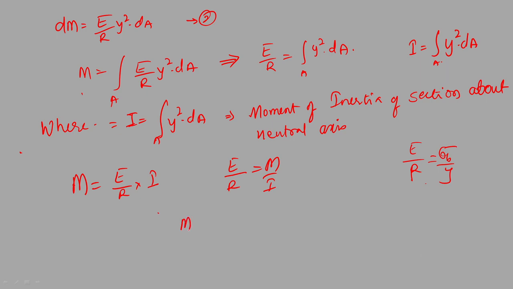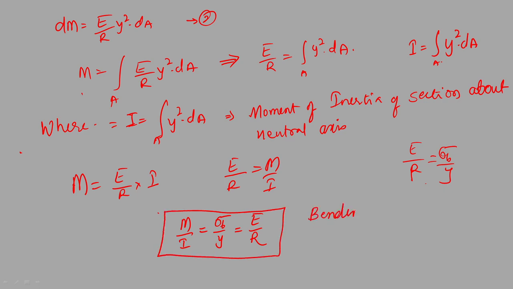M by I equal to sigma b by y equal to E by R. This entire relationship is called the bending stress relationship. You must remember this equation.